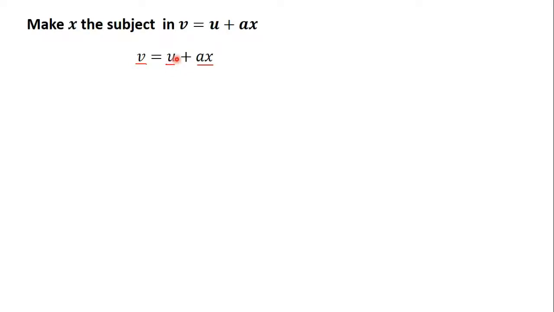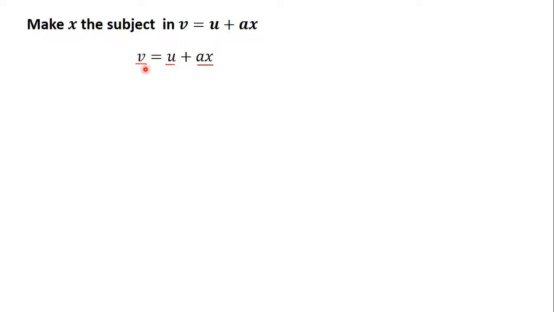So I will take u from the right hand side and bring it to the left hand side. We learned in linear equations that whenever a term crosses the equal sign, it changes the sign. If it's positive, it becomes negative. If it's negative, it becomes positive. So u is positive here.